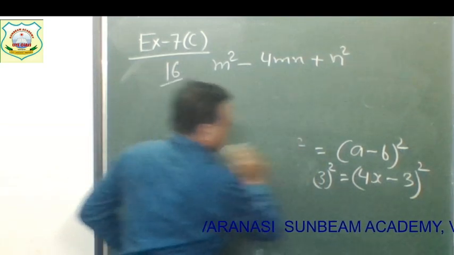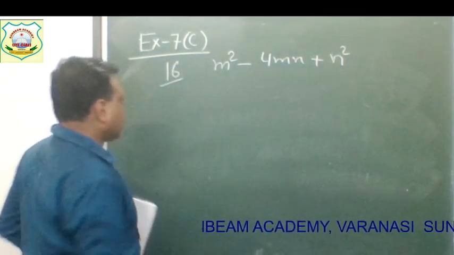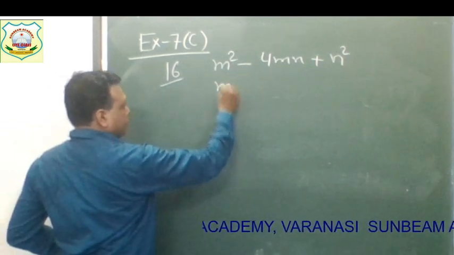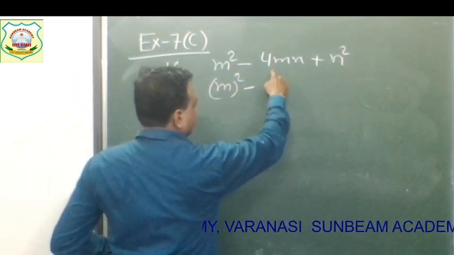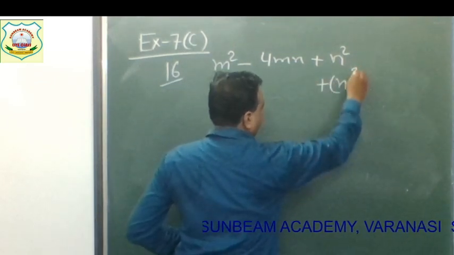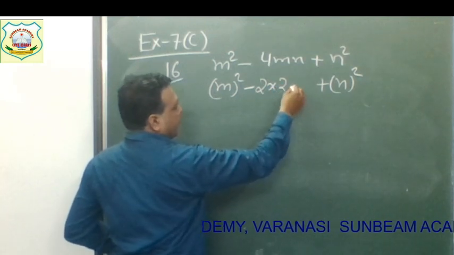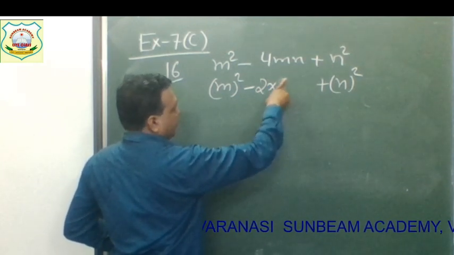Students, now the square form is already given. This one is 2ab. First of all, we will write a square and b square, minus 2 into a. What will be a?